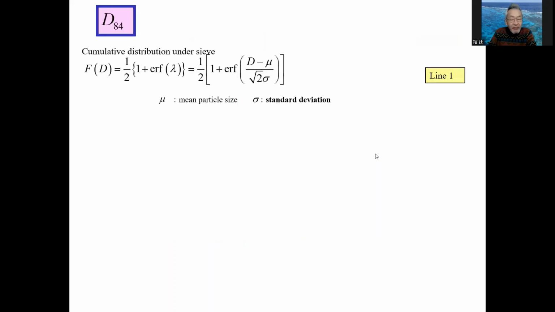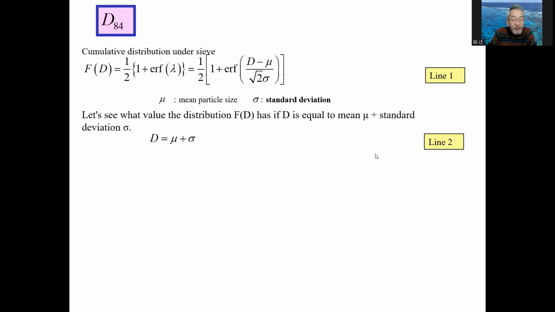In this page, I explain the size D84. The expression of the undersieved distribution FD shown on the previous page is changed from using lambda to using D, and it's shown on the first line.